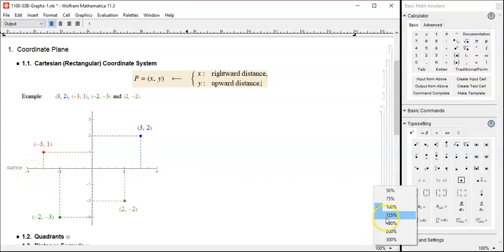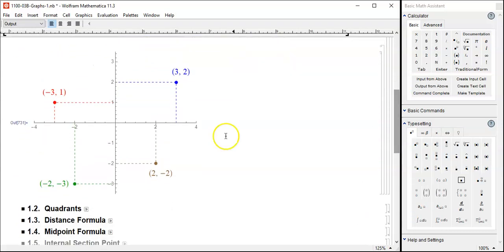Positive 2, positive 4, those are x coordinates. And then positive 1, positive 2, positive 3, those are y coordinates, the vertical distance upward. And these are negative because I have to go down, which means negative distance up.